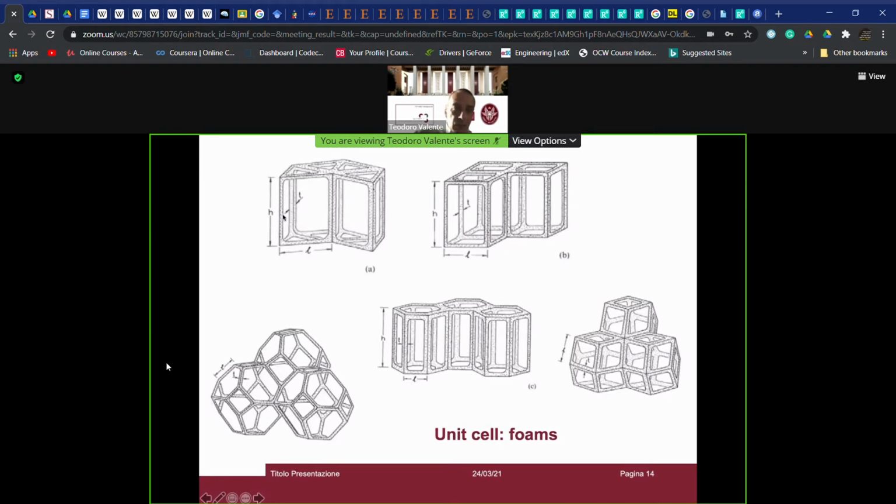So let's have a look at just the first one, and let's think that the base material is a ceramic material. Well, here we have a sort of beam. When we put a load on the cellular solid, this is a reticular structure.